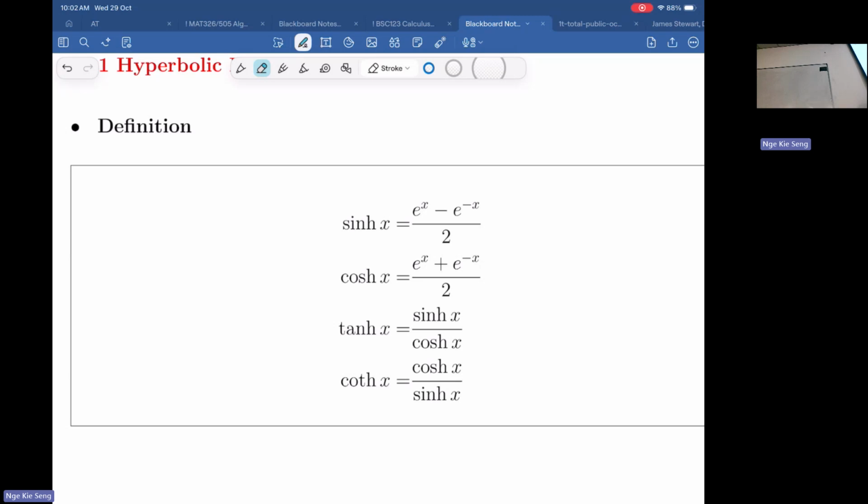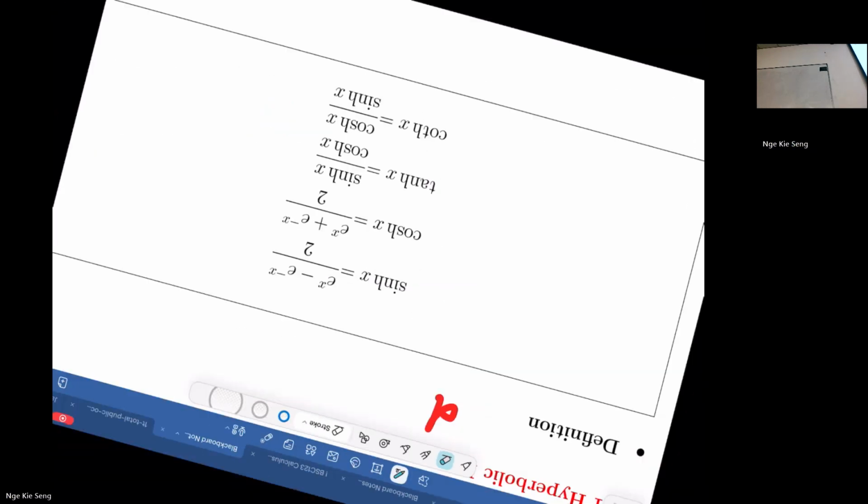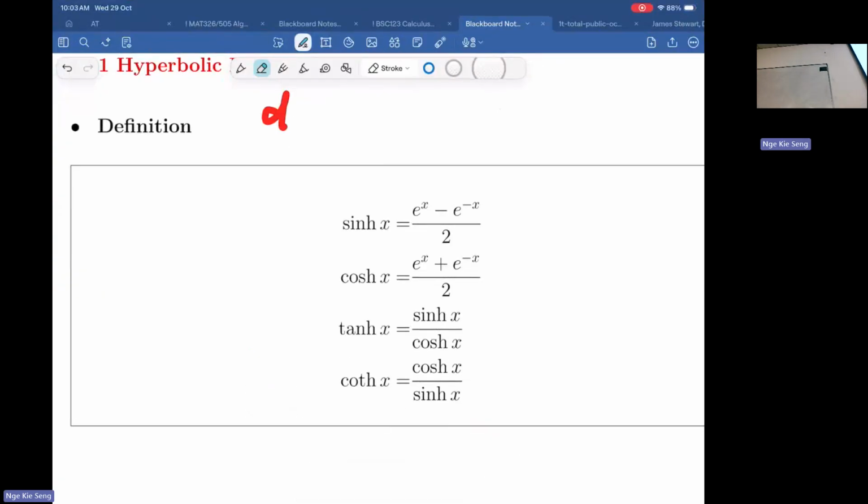So let me ask you, what's the derivative of exponential function e to the x? When you differentiate e to the x, what do you get? Not ln x, it's e to the x.